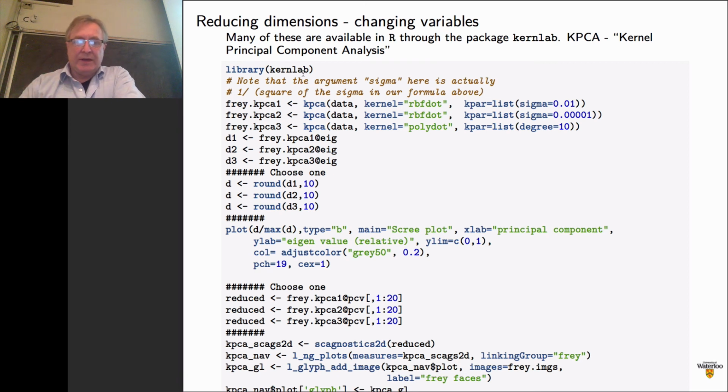So it's just taking the eigen decomposition of that matrix. So, the radial basis function here. The note that I point out, which I didn't mention last time, is that this sigma in kernlab is actually sort of the 1 over 2 sigma squared. So it's not the same as our sigma.